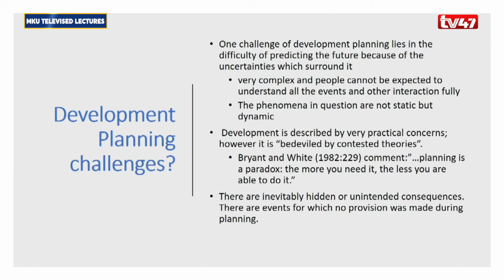There are many variables and factors that are going to come into play, which might render the plan you have come up with obsolete and of no consequence, or even impossible to achieve, or not important in that context. And so predicting or forecasting the future is very complex, and people cannot be expected to understand all the events and other interactions fully.